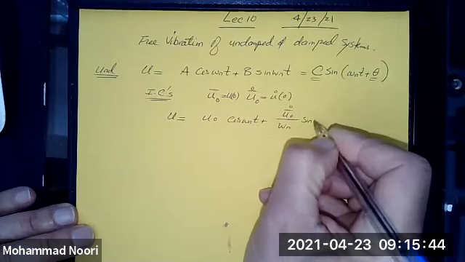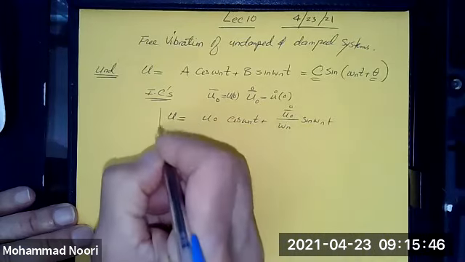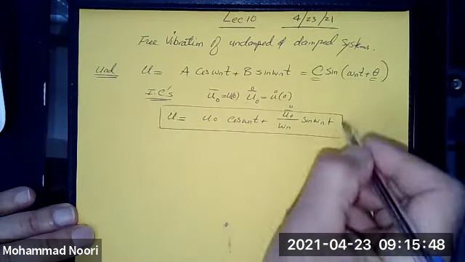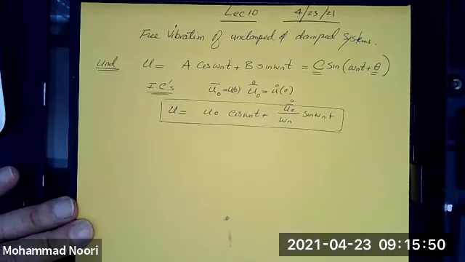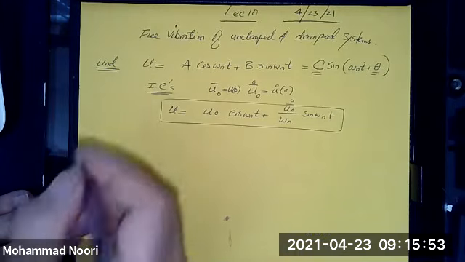So this was for the undamped system. This is the general form of the equation of response in terms of initial conditions.